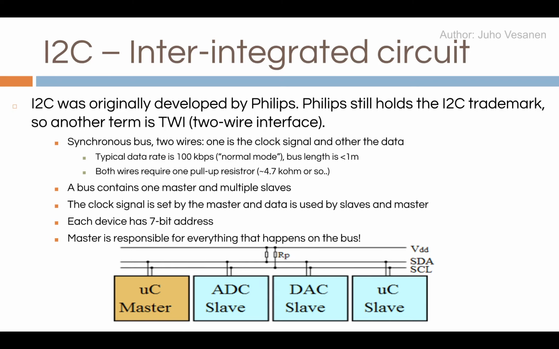I2C is actually an acronym for Inter-Integrated Circuit and was originally developed by Philips. Well, Philips is not there anymore. It changed its name. It's still the same company, but anyways, they still hold the I2C trademark, and that's the reason why some sensor manufacturers call it two-wire interface.